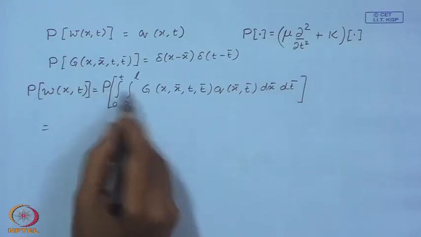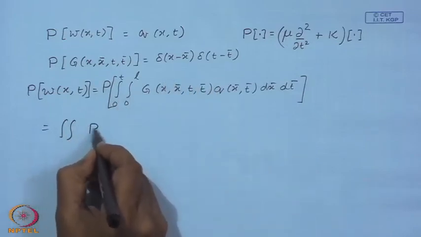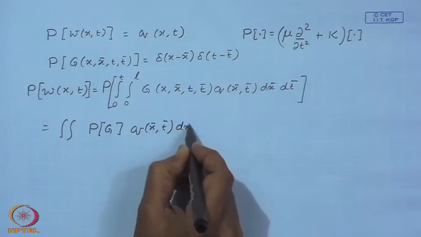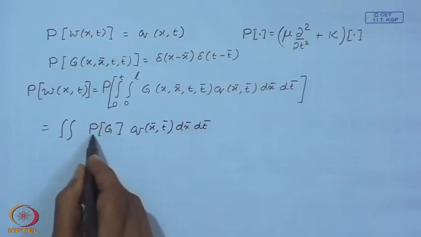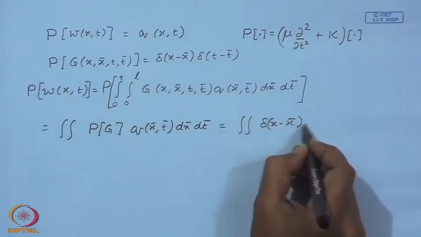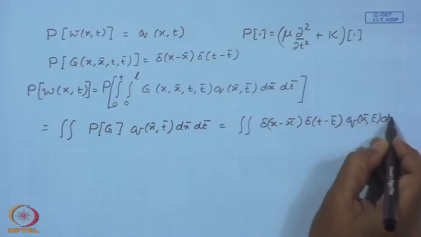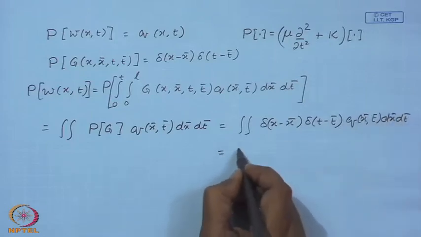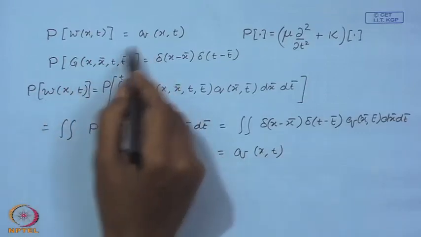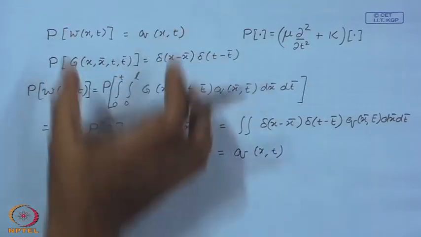So, this operator can go inside and it will operate only on g, and we know that P of g is the delta functions, and this is equal to q. Therefore, W given by this argument is definitely a solution of this system.